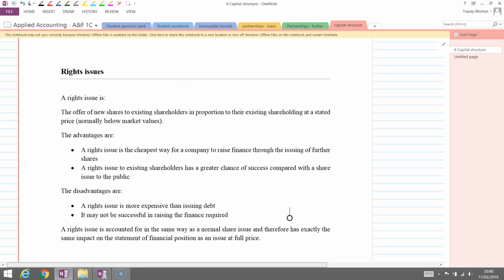So the advantages are, a rights issue is the cheapest way for a company to raise finance through the issuing of further shares. A rights issue to existing shareholders has a greater chance of success compared with a share issue to the public.